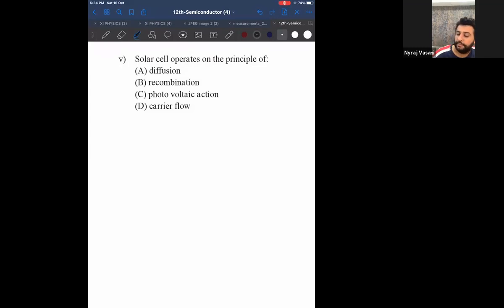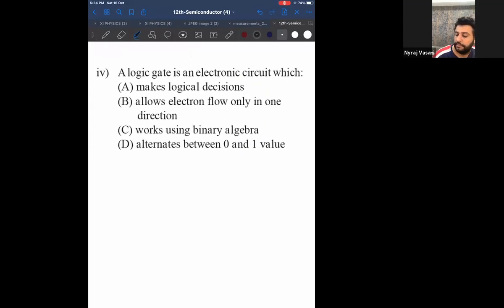Okay, I'll go to the next one now. Tell me, what should be the answer for this? We have done logic gates. Tell me what should be the answer for this.